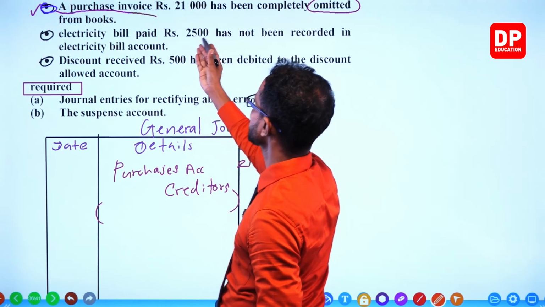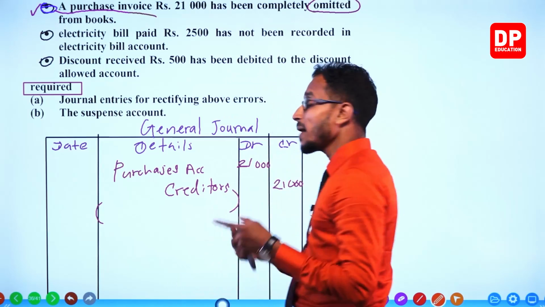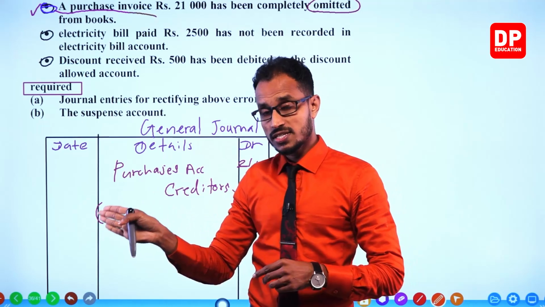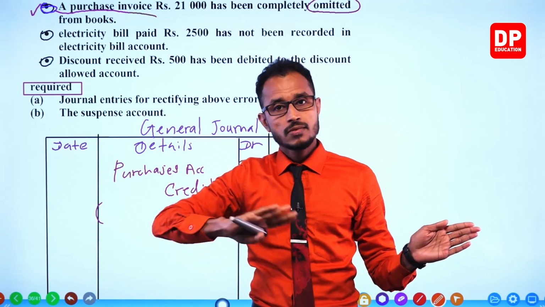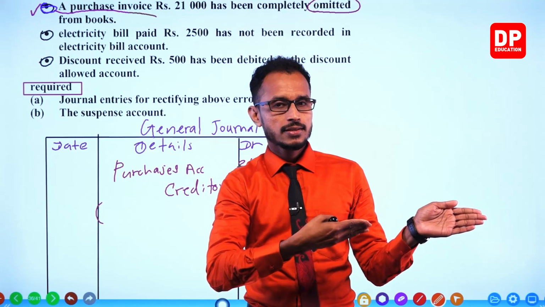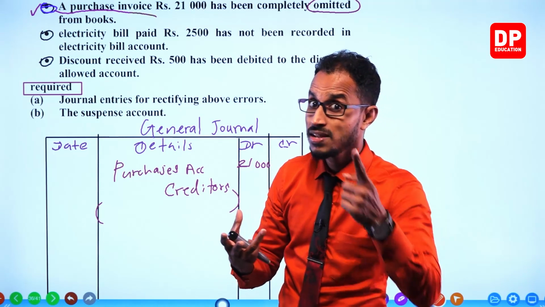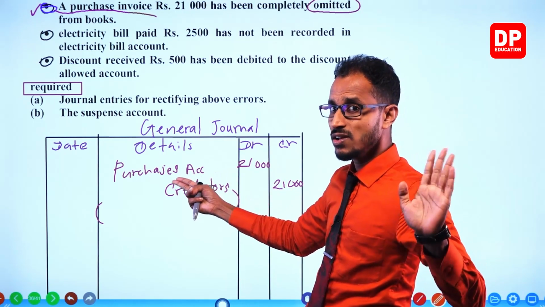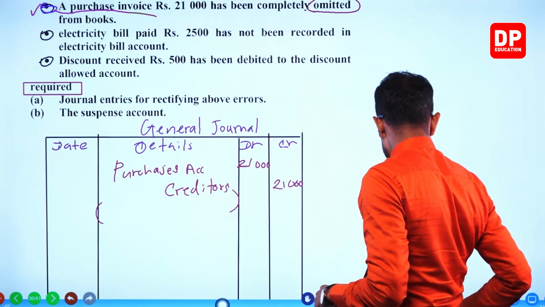Electricity bill paid 500 has not been recorded in electricity bill account. Bill paid in cash. Okay. Cash account is credited but not recorded in the electricity bill account. So the credit entry in the cash is done. Debit entry is not recorded, so the debit side becomes short. Trial balance is affected. Not like the first one, which had no effect on the trial balance.